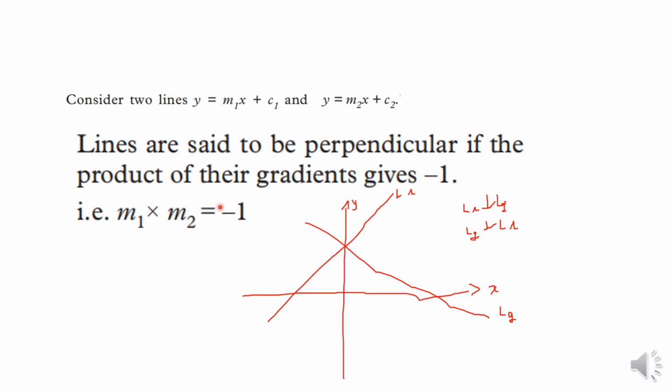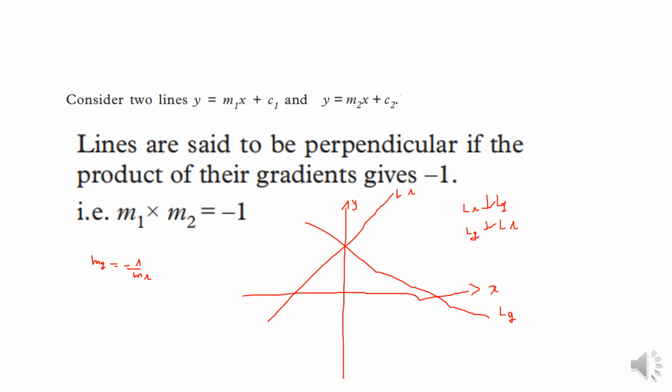Now if you have m1 times m2 equal to -1, you can find m2, the gradient of the second equation. m2 is equal to -1 over m1.